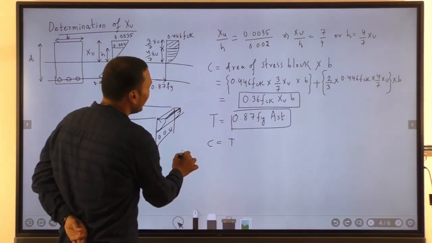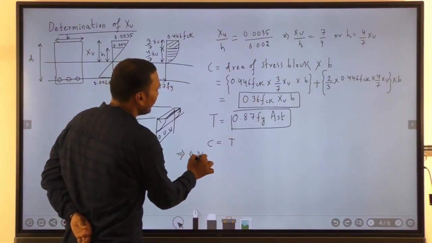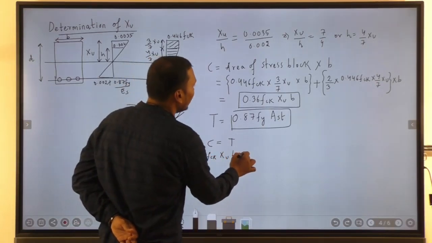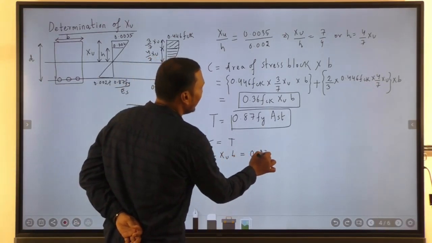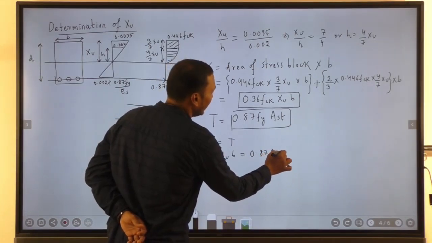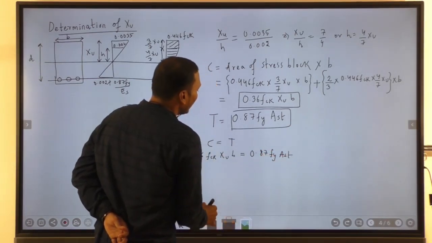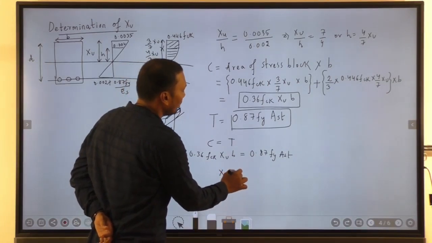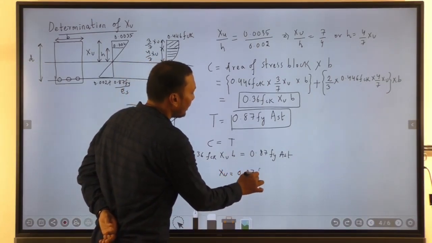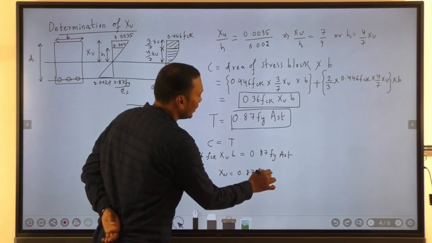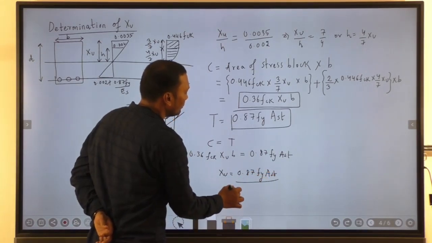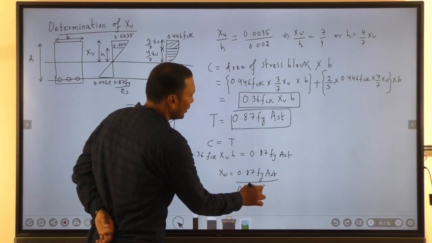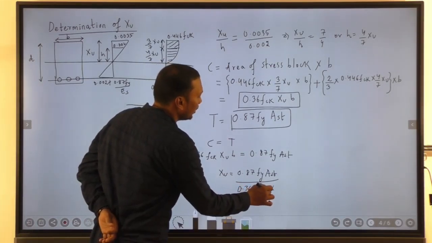It implies that 0.36 fck Xu into b is equal to 0.87 fy Ast, from which we get Xu is 0.87 fy Ast by 0.36 into fck into b.